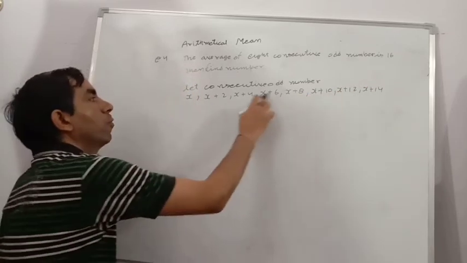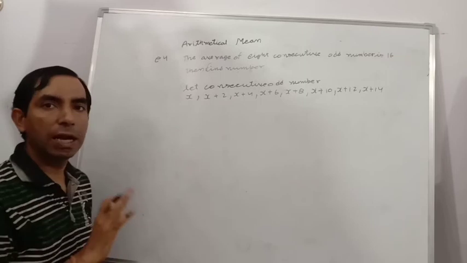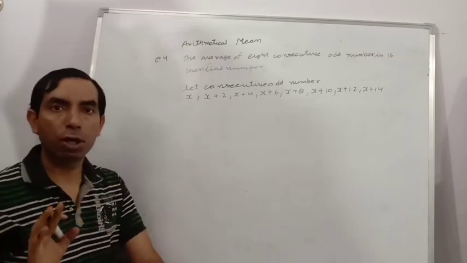That is 8 numbers, so we have supposed 8 consecutive odd numbers.